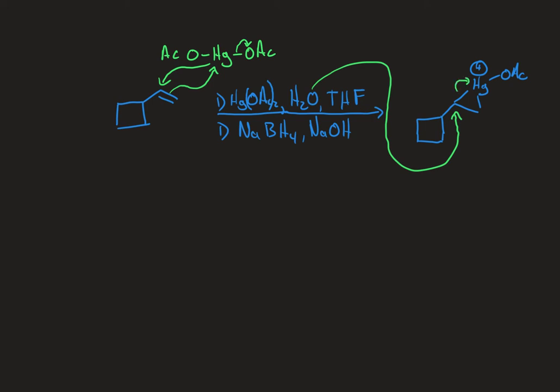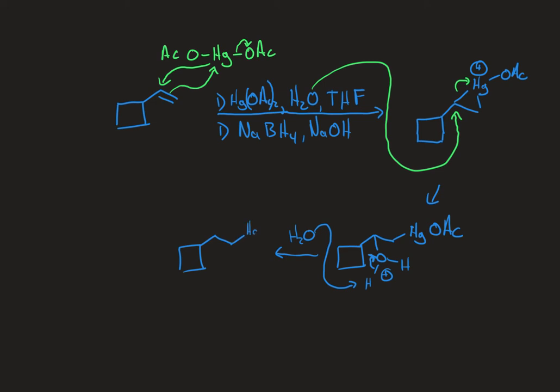You kick up electrons to mercury to form this intermediate, which is going to get deprotonated, likely by water, to form this intermediate.